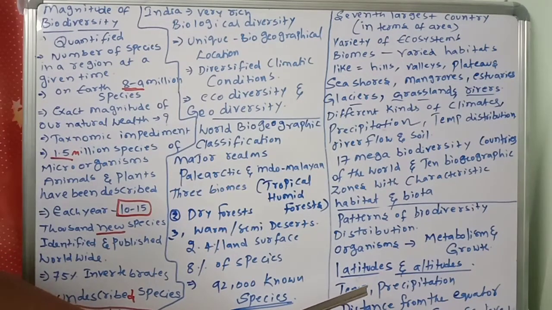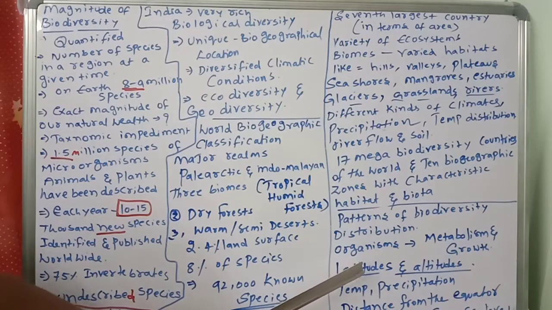The most important pattern of biodiversity is the latitudinal gradient in diversity. From poles to equator, the number of species changes. That one we will discuss. The distribution of plants and animals is not equal. Optimum conditions are required for the growth of plants and animals or development of new species. So when good optimum conditions are there, organisms will multiply and grow.